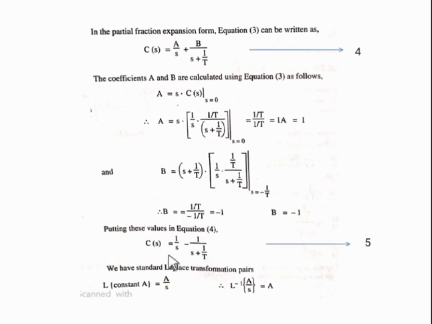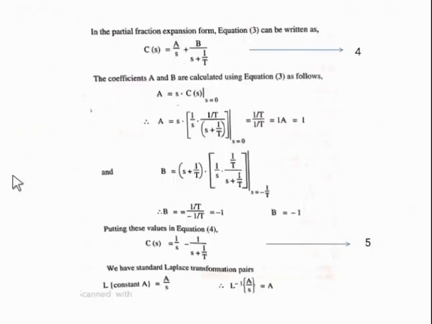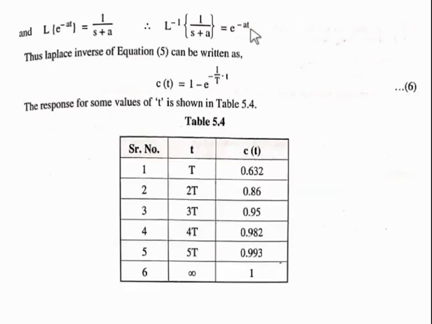So if we take the Laplace transform of this equation, the Laplace inverse of 1 over s equals, suppose the value is a by s, so it is only a, and the inverse Laplace of 1 over s plus 1 over t equals e raised to minus at.